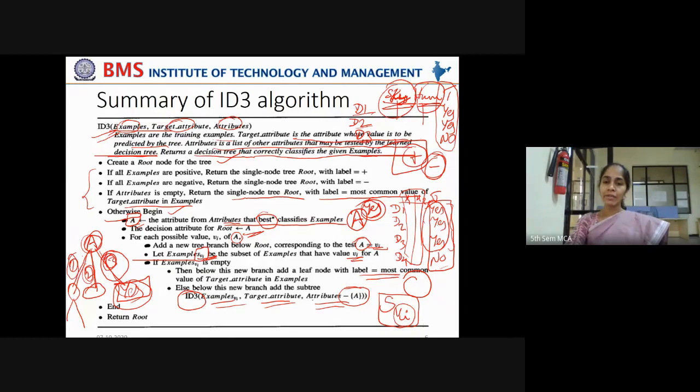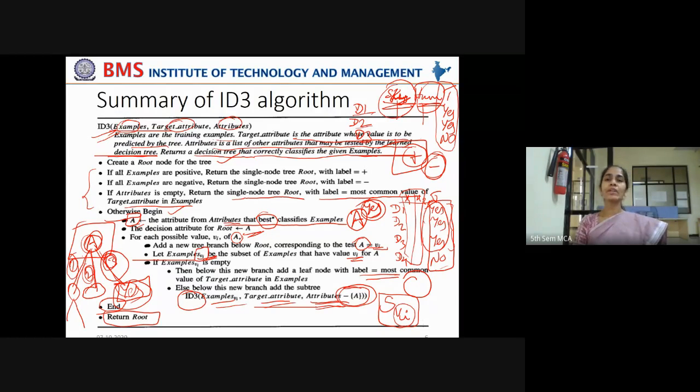That is why when you pass the attributes to the ID3 algorithm in the second iteration, you have to remove that A which is considered at the root node, right? So we should remove the income criteria and check the training examples with other criteria, right? That is how this ID3 algorithm works. Then finally end and return the root node from where the entire decision tree can be tracked easily.